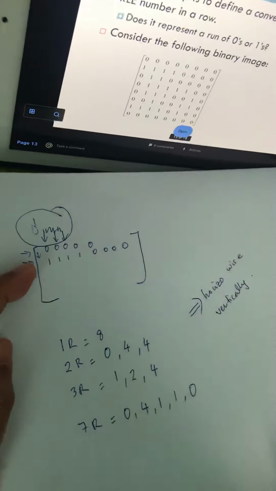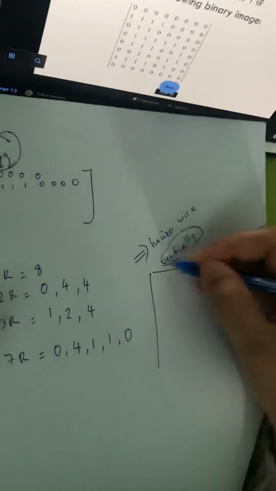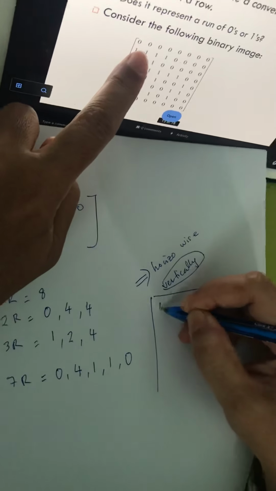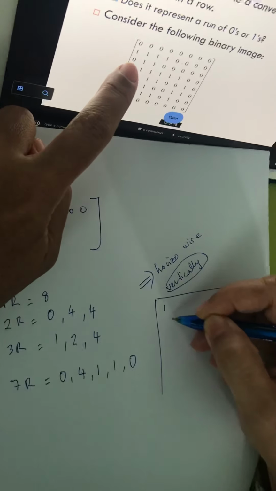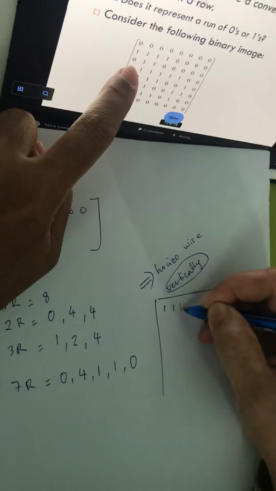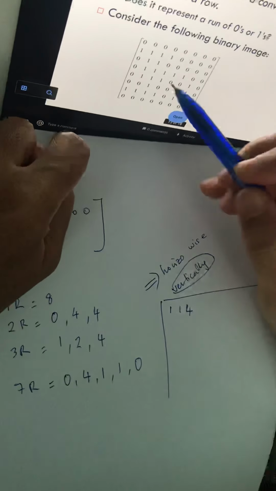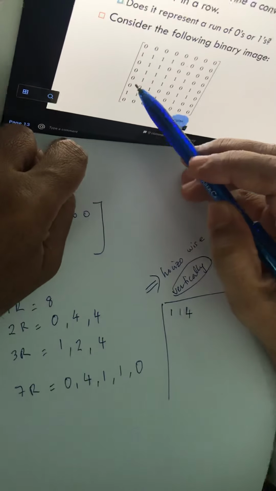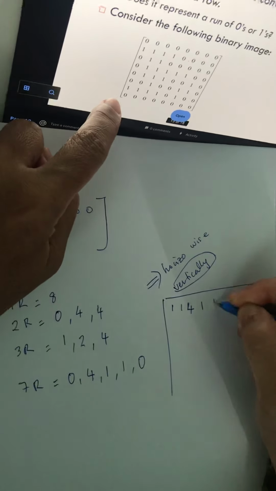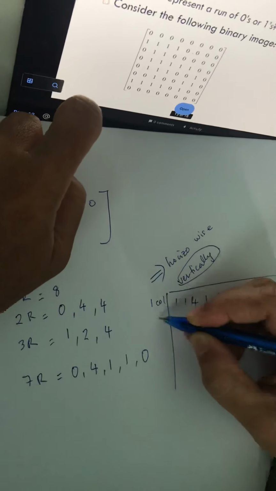So for the first column, if it is vertical, first will be 1, and then 1, 3, 4, because there will be 4 0, and then 1 and 1. So this is the first column.